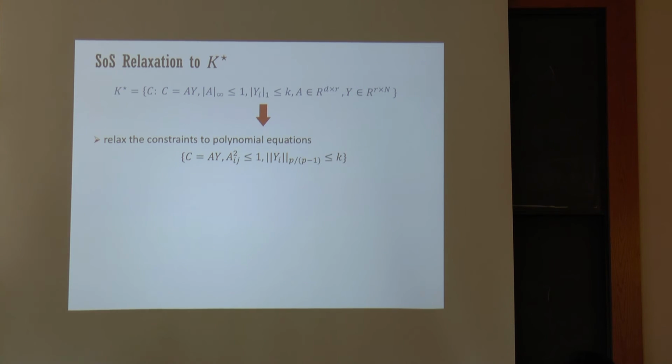You will see in a moment why we want to do this. Then I'm going to replace y_ij by some w_ij to the power p minus 1. Before, this was not a polynomial, but now it becomes a polynomial. That's all I'm doing. I'm just raising it to the power p and making it a polynomial. And then I'm going to do the generic sum of squares relaxation to get a degree p sum of squares relaxation.